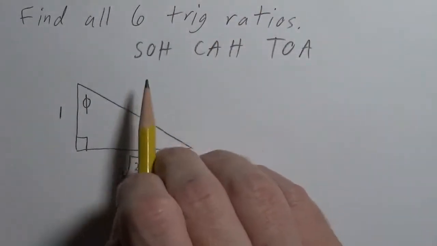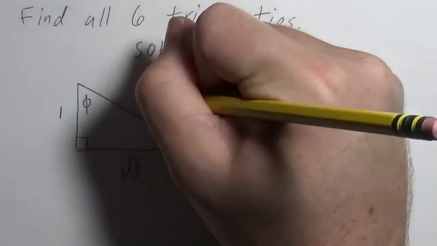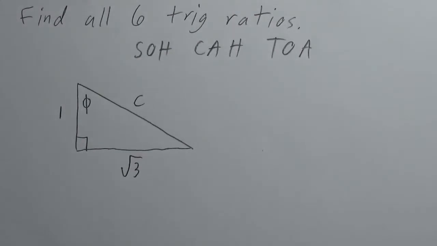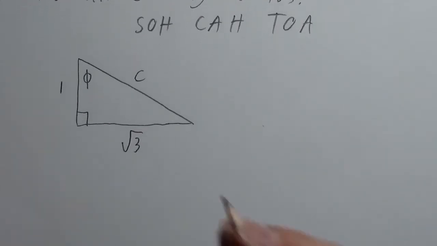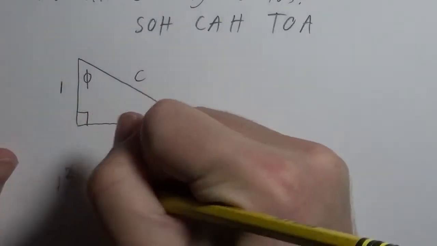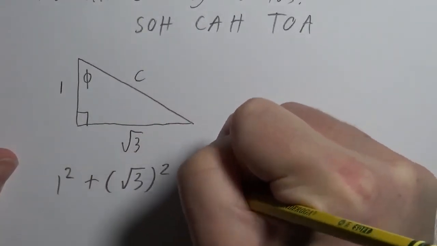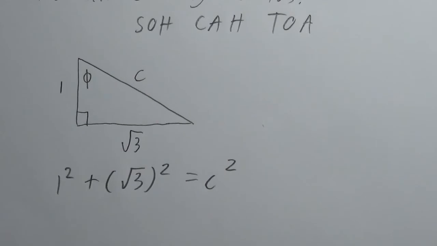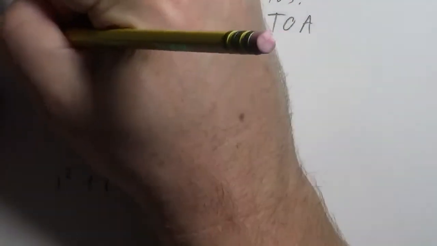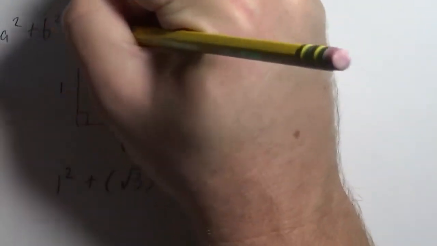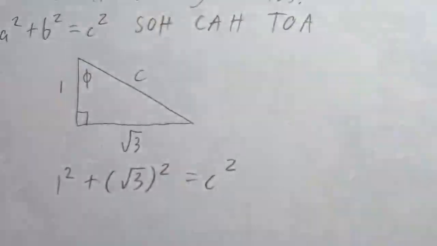There's a problem. What's the hypotenuse? Call it C. Call it whatever you want. 1 squared plus root 3 squared equals C squared. That is from Pythagorean theorem. A squared plus B squared equals C squared.